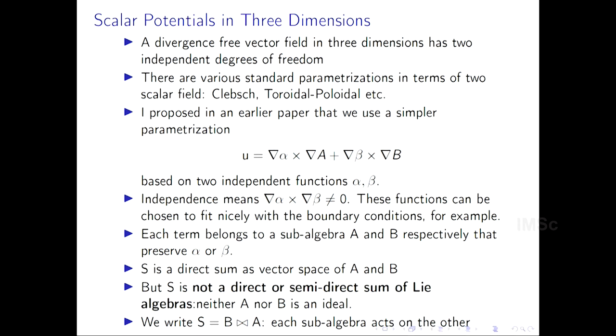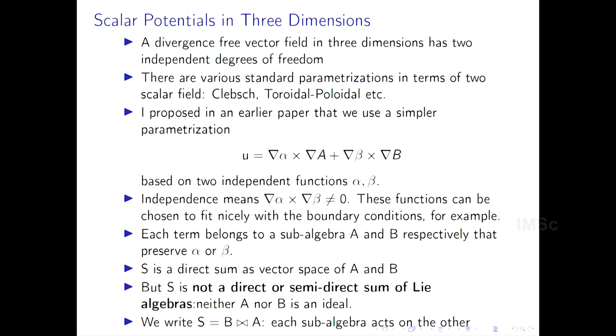But I proposed in an earlier paper that we do this simple decomposition. That is, we do exactly what I said a minute ago, but you do it twice. So there is one set of vector fields which preserve some scalar field alpha. There is another set of vector fields that preserve another scalar field beta. Alpha and beta are independent of each other in the sense that their gradients have non-zero cross product. So they point in different directions.